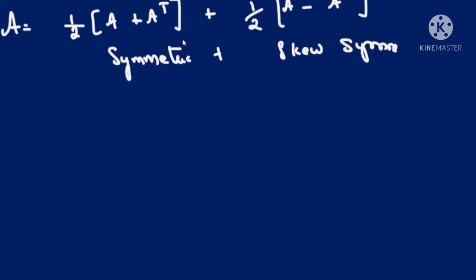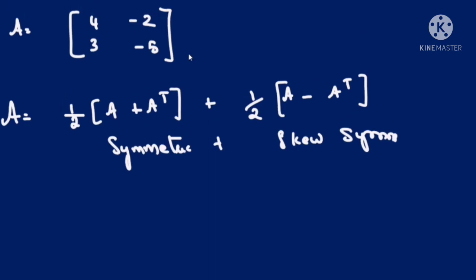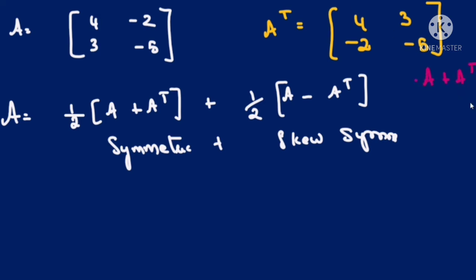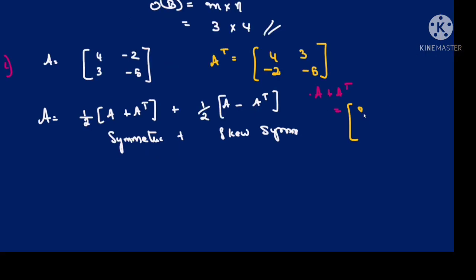So let us find A transpose of this. What do you do for A transpose? Column will become row. So 4, 3, minus 2, minus 5. This is your A transpose. Now add. What is A plus A transpose? 8, minus 2 plus 3, 1. 3 minus 2, 1.